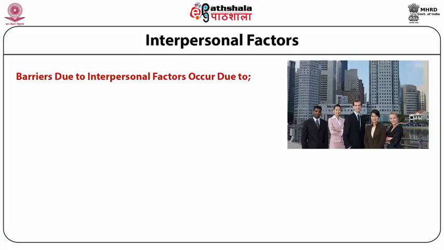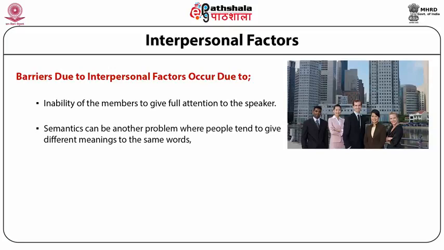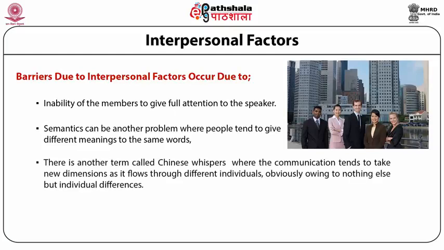Now, there could be an inability of the members to give full attention to the speaker. Then, semantics could be another problem where people tend to give different meanings to the same words. Then there is another term called Chinese whispers, where the communication tends to take new dimensions as it flows through different individuals, obviously owing to nothing else but individual differences.